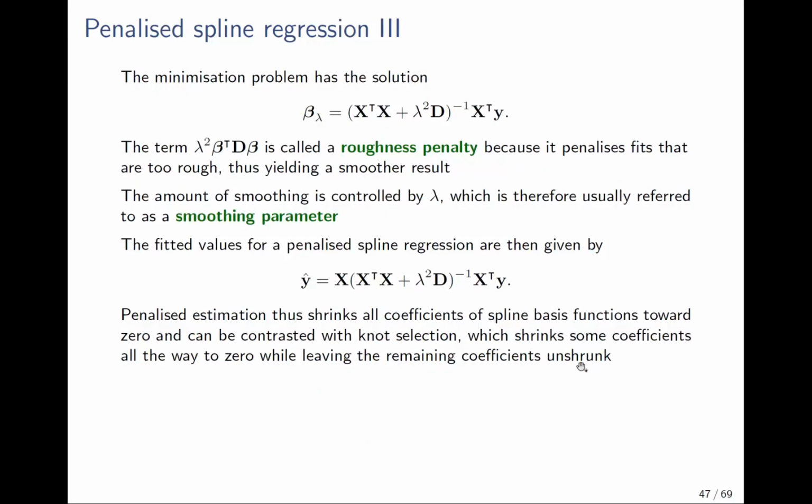And this slide here just shows the minimization problem solution. The amount of smoothing is controlled by lambda, and these are the fitted values. So penalized estimation, last point, shrinks all coefficients of spline basis functions towards 0 and can be contrasted with knot selection, which shrinks some coefficients to 0 while remaining coefficients are unshrunk.